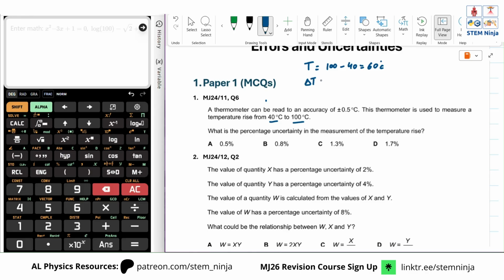And the delta T, either way, whichever way you want to write, this would be 0.5 plus 0.5, which is plus minus 1 degree Celsius. So T plus minus delta T would be 60 degrees Celsius plus minus 1 degree Celsius.